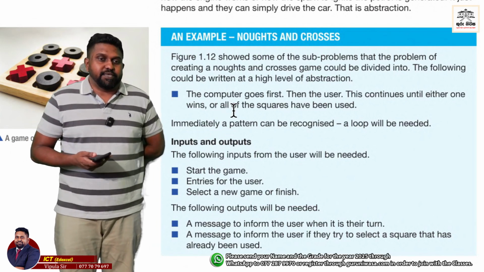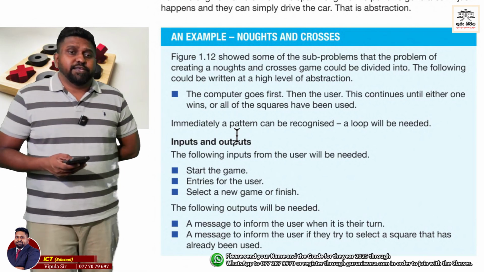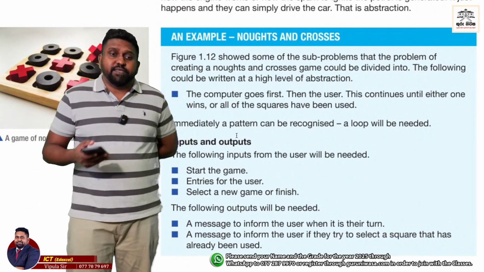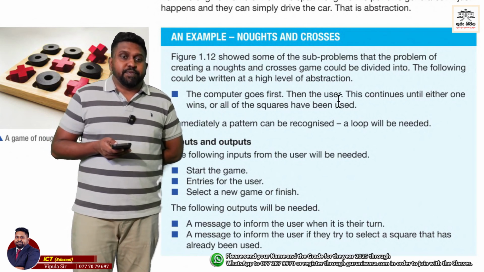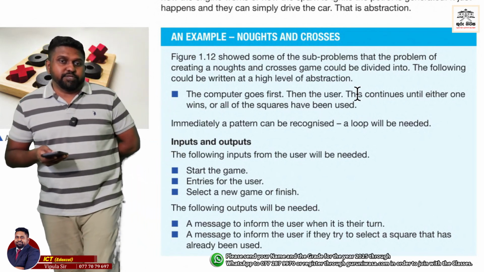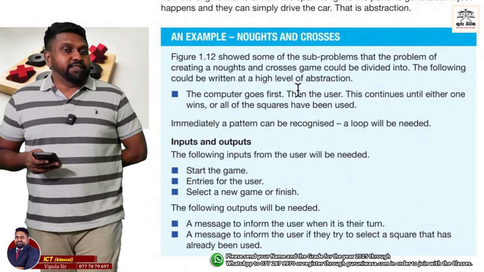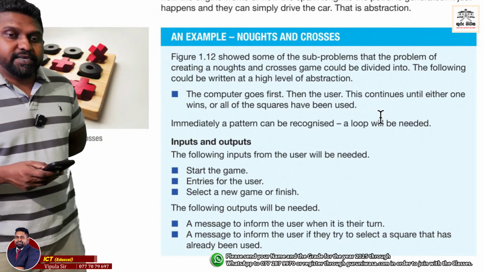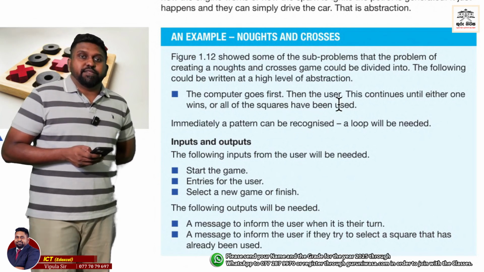Now we'll go through this and see how it works. Let's say the computer goes first and then the user, and this continues until either one wins or all the squares have been used.